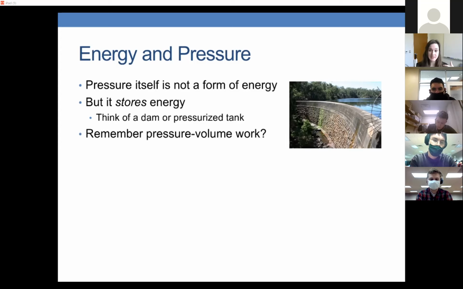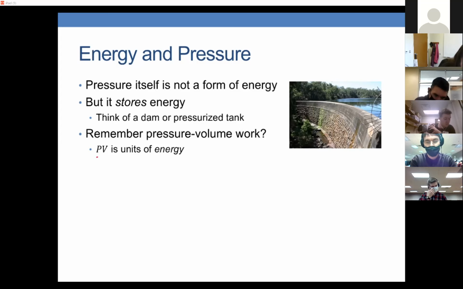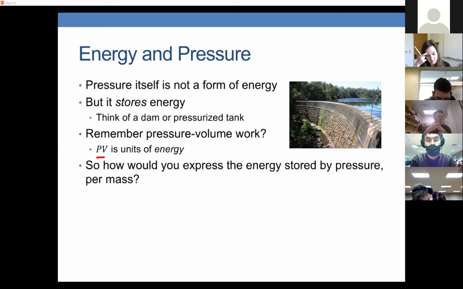So you know that if you have a gas and it expands against pressure, then it's doing work. So you remember pressure volume work, you remember that. And so pressure times volume is units of energy, okay? So what if I wanted to get the energy stored by pressure per mass? What would that be then?